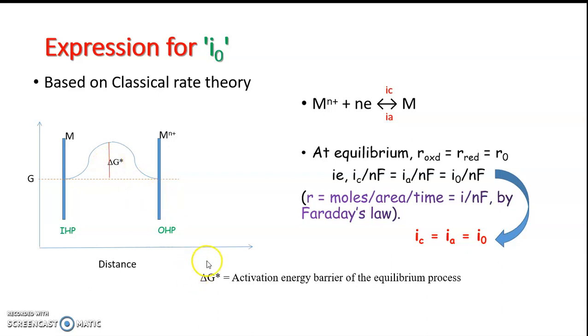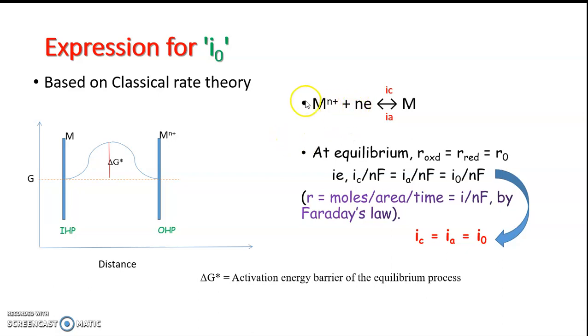where here delta G star is the activation energy barrier when the two processes are in equilibrium. First, any reaction will start, and when it reaches equilibrium, delta G star is the activation energy barrier.